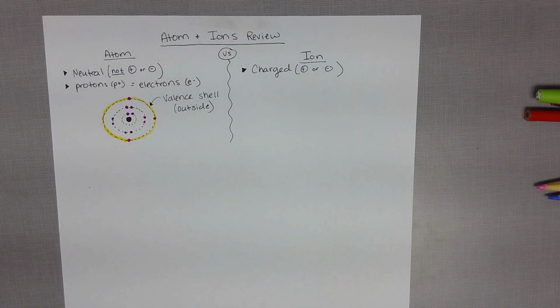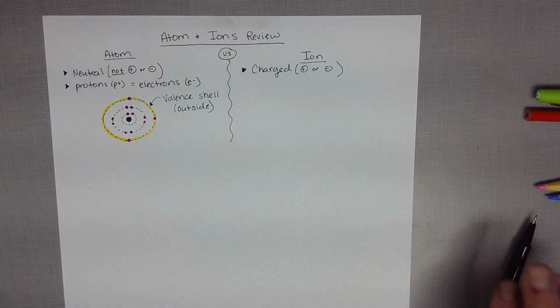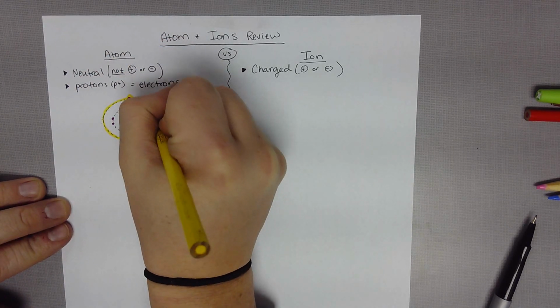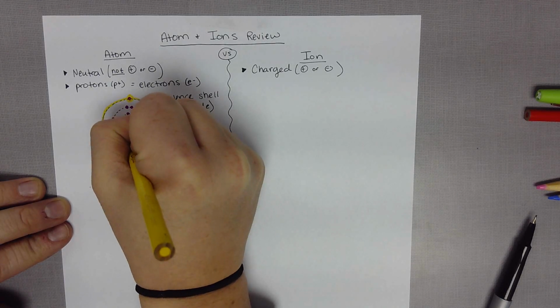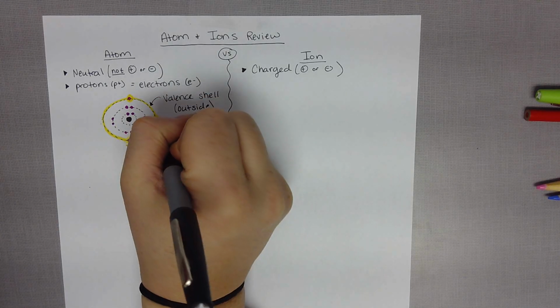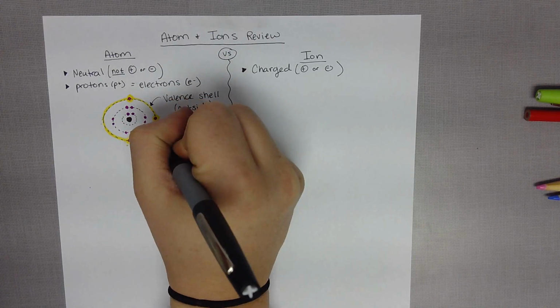On that valence shell, we have our electrons that are likely to interact with the outside world. They are also special. Here I have 3 electrons, which means I would have 3 valence electrons.